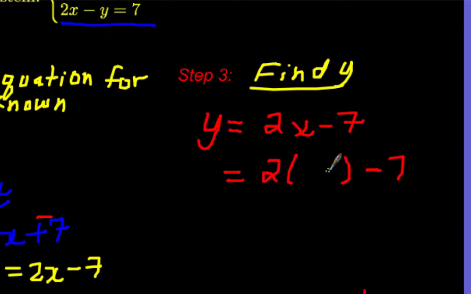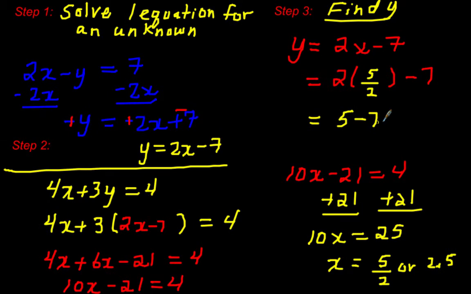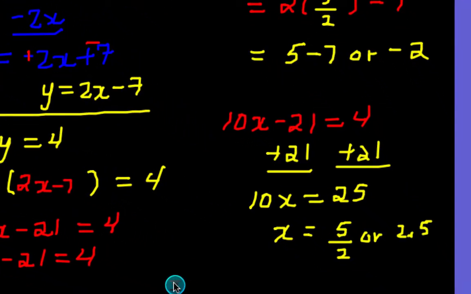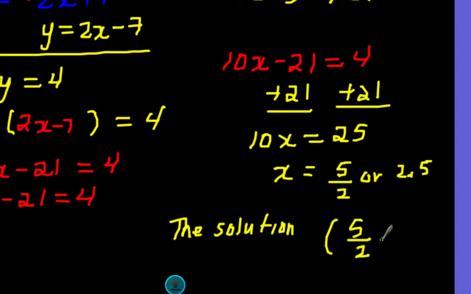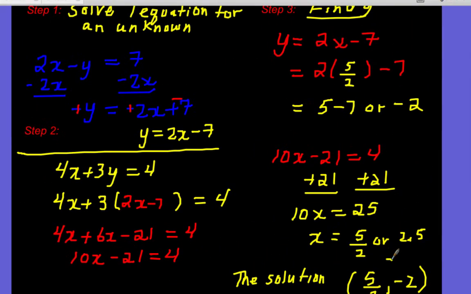Our x value was 5/2, so this becomes 5 minus 7, or negative 2. So the solution to the system is 5/2, negative 2. That might have been hard to see on the graph. 5/2 might not be so hard because it's halfway between, but that's the solution to the system.